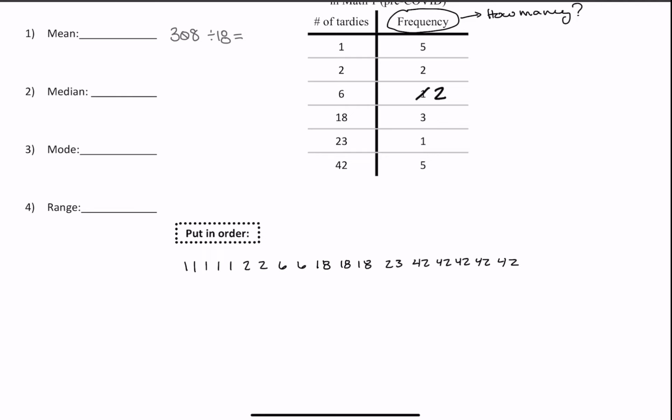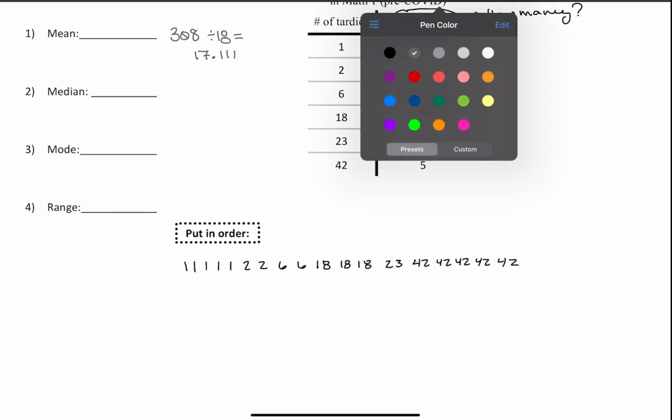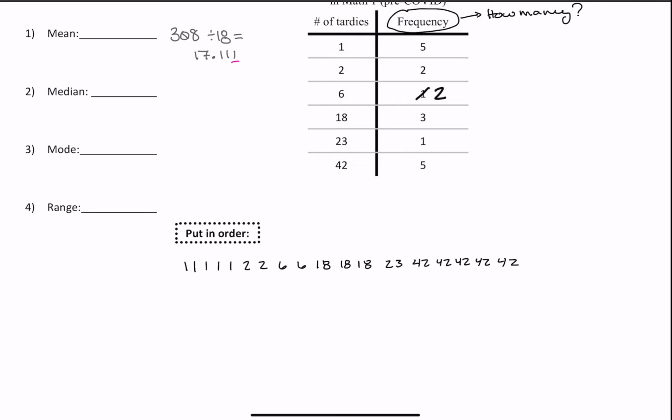And when I do that math here, I get 17.111111. So I'm going to round. So I look at that third decimal place, and this tells me to stay with that 1 in front of it. So that way I don't have to have a bunch of decimals. I can just round to the second decimal place.